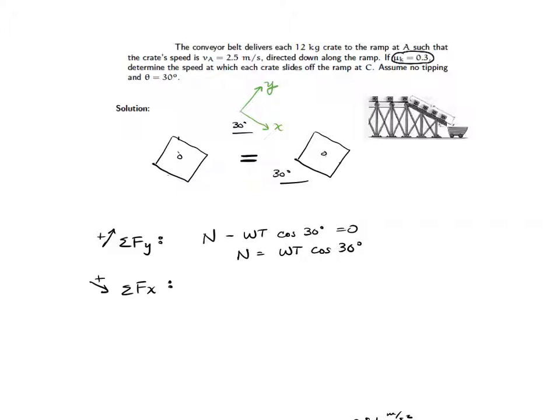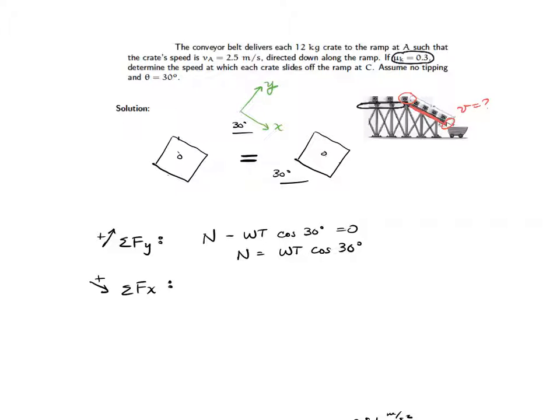So what we've got here is a conveyor belt right there that's going to deliver the crate to a ramp, and that crate's going to slide down the ramp. And so we're asked, what's the speed right down there?